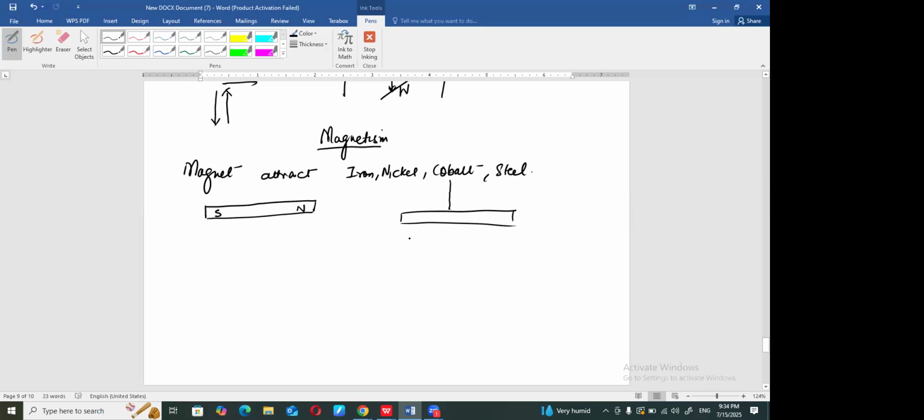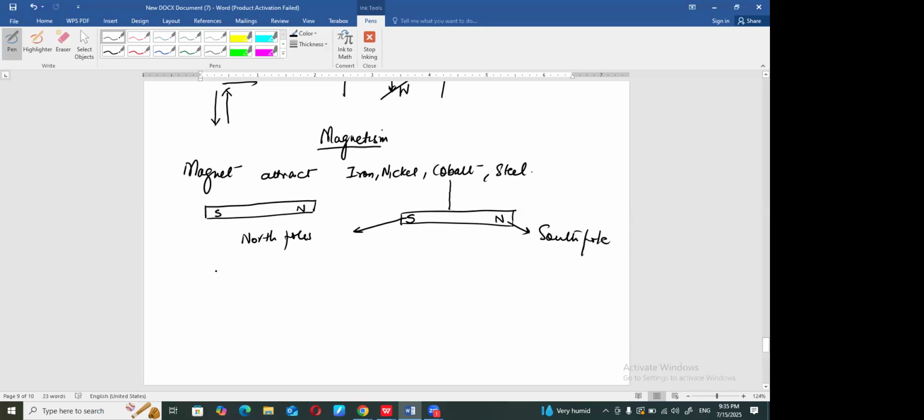We know that Earth is behaving as a magnet as well. So, Earth has a north pole and a south pole. Now, when you hang that magnet, the side which leans towards the north of Earth is the south pole of the magnet, and the side which leans towards the south pole of Earth is the north pole of the magnet. So that's how you find out the north and the south pole of the magnet.